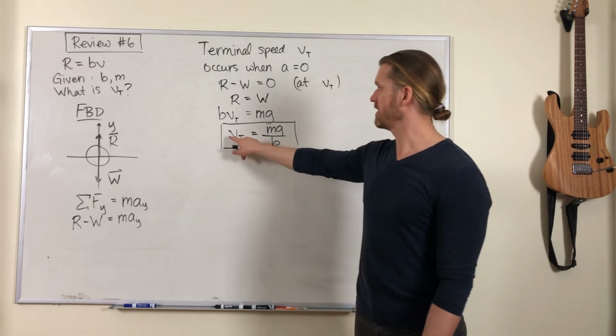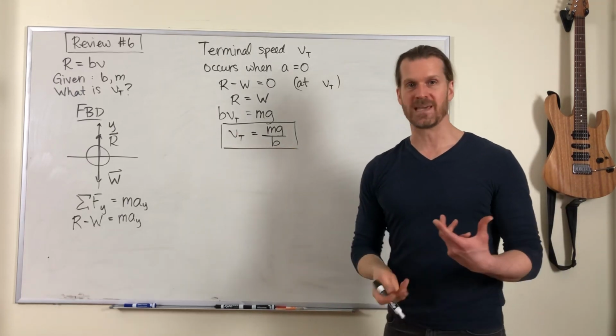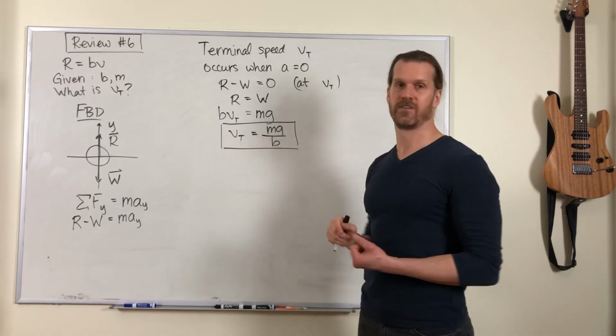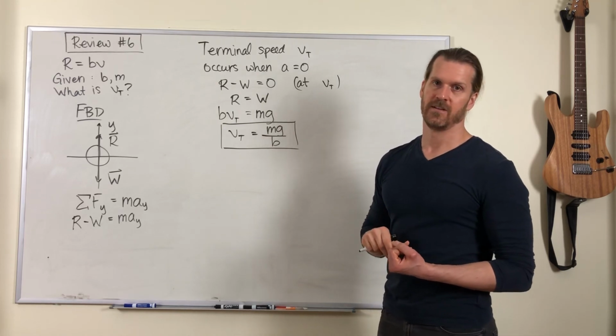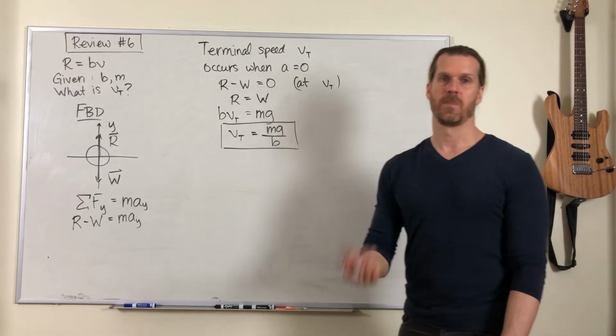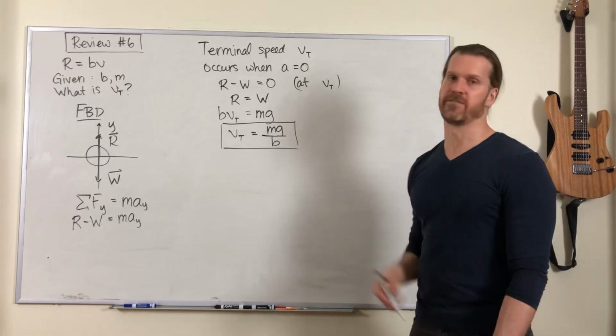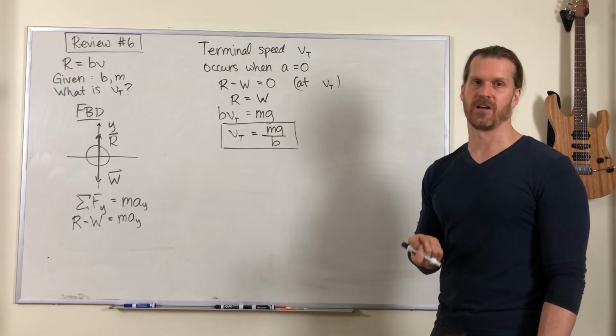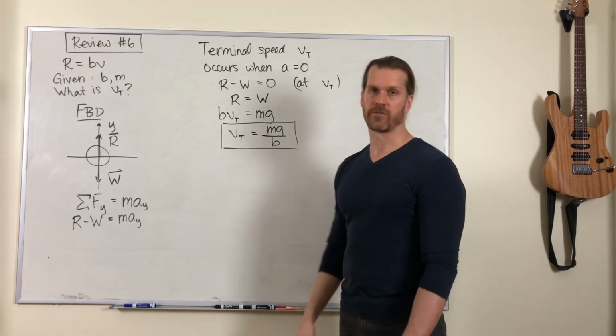So the terminal speed has some competing factors. It gets increased by an increase in mass. It gets decreased by an increase in this B value. So the less aerodynamic an object is, the smaller its terminal speed will be.